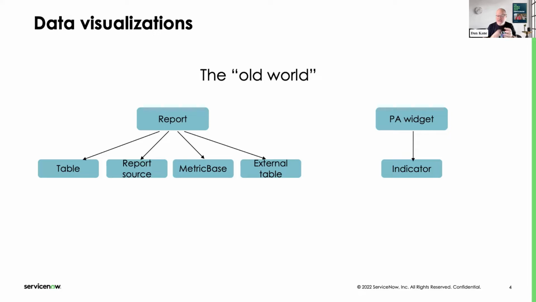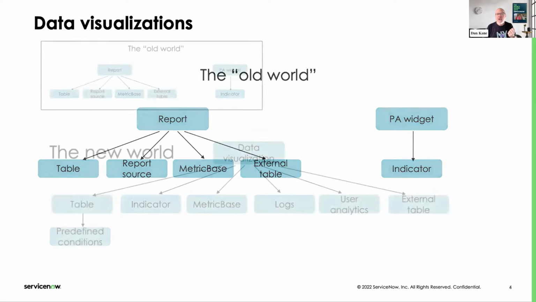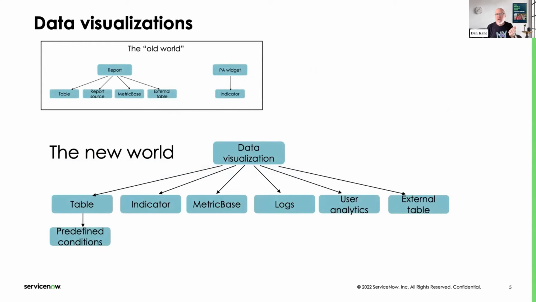And we got a lot of feedback, not surprisingly, that customers wanted a more unified environment. So that's one of the big themes here in the new world with Next Experience: we just have the concept of the data visualization. It's a data visualization. That's all we really care about.